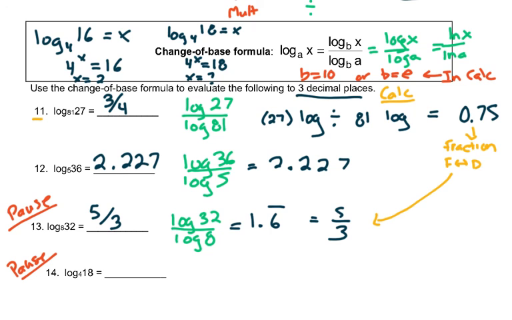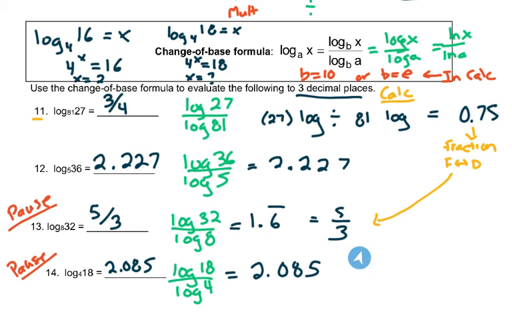All right, and 14 should give us 2.085. Do the log of 18 divided by the log of 4. And it does not go into a fraction if we try and do that. So we'll just leave it as 3 decimal points.